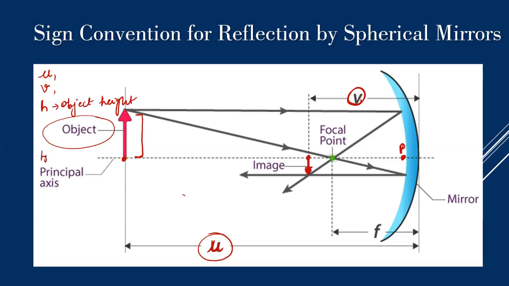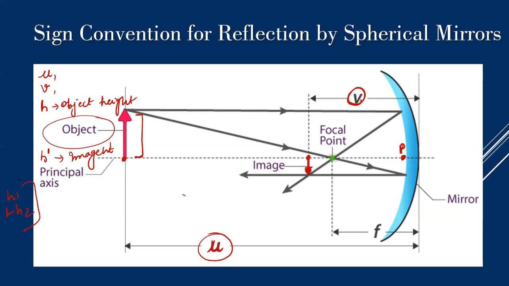So image height is denoted by h dash. In certain textbooks, they also use h1 and h2. So do not get confused. H1 is object height, h2 is image height. In some textbooks, it's h for object height and h dash for image height. That doesn't make a difference. The formulas will remain the same.